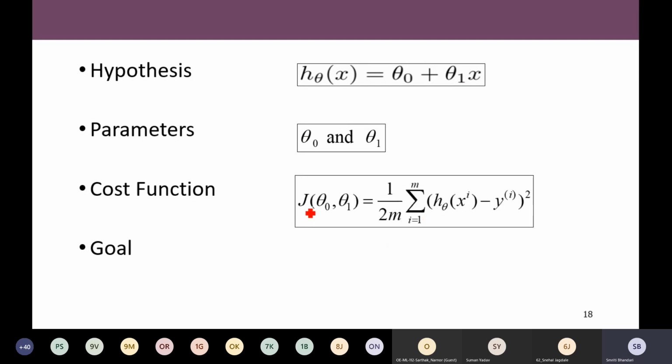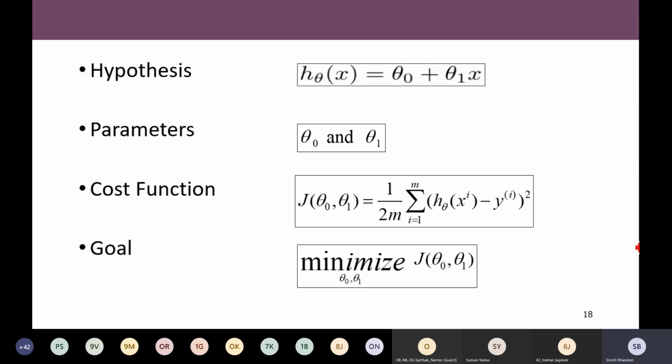And the cost function that we have defined is of the form J of theta 0, theta 1 equal to 1 divided by 2m, summation i equal to 1 to m, (h theta of x_i minus y_i) whole square. So this sum of squared error is defined as our cost function J of theta 0, theta 1. My cost function is a function of the parameters theta 0, theta 1, and my hypothesis is a function of input x.